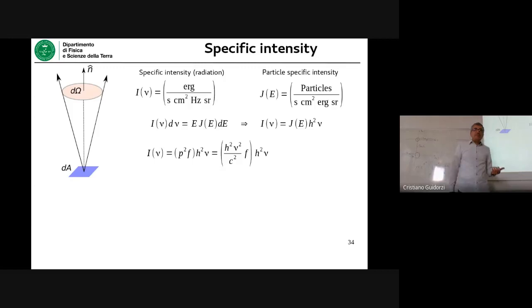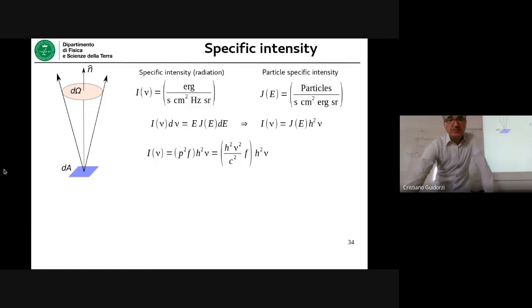So you can express, for example, the result that we got in the previous slide. The particle density we saw is p squared f, with f the distribution function. If you replace J(E) with p squared f, remember we are talking about photons, so rather than both momentum and frequency, put it in one unique variable. The momentum of a photon can be expressed as energy over c, but the energy of a photon is h nu.